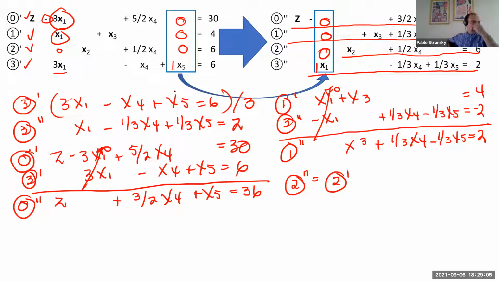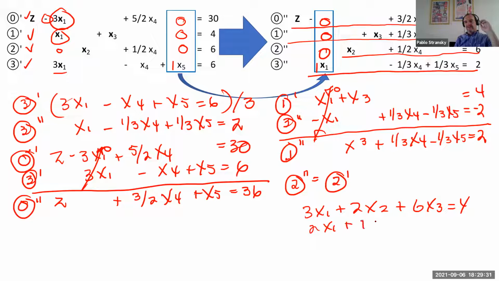Did some of you at high school, in mathematics, learn how to solve a system of three equations like this? Let's say 3x1 plus 2x2 plus 6x3 equal 4, and then 2x1 plus x2 plus 4x3 equal 2, and then x1 plus 4x2 plus 3x3 equal -1.